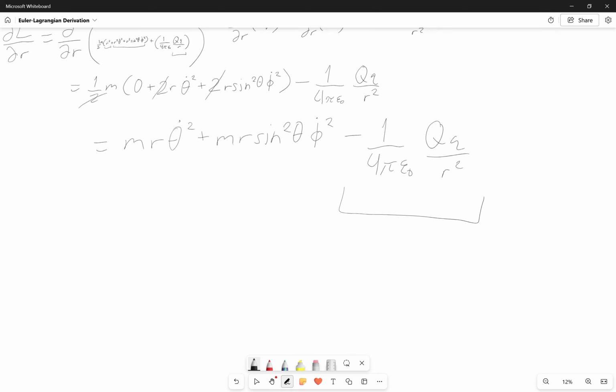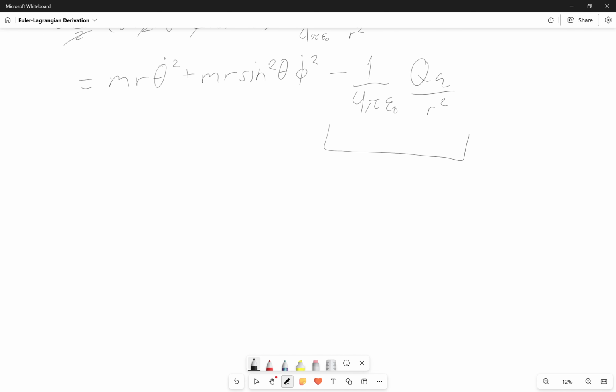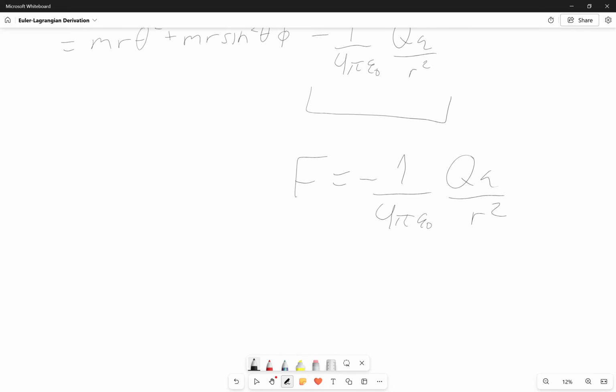Now this defines the electrostatic force here. We have our answer. And since the charges are attracting, we'll have a negative sign, and we can define Coulomb's law force. I'll put it in a square.